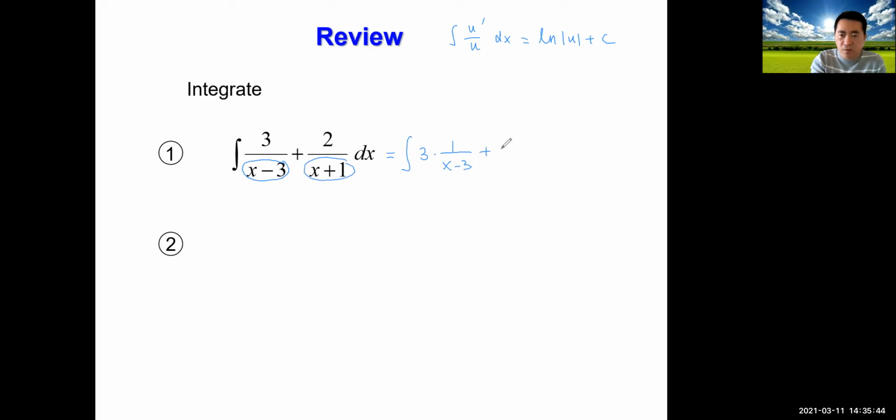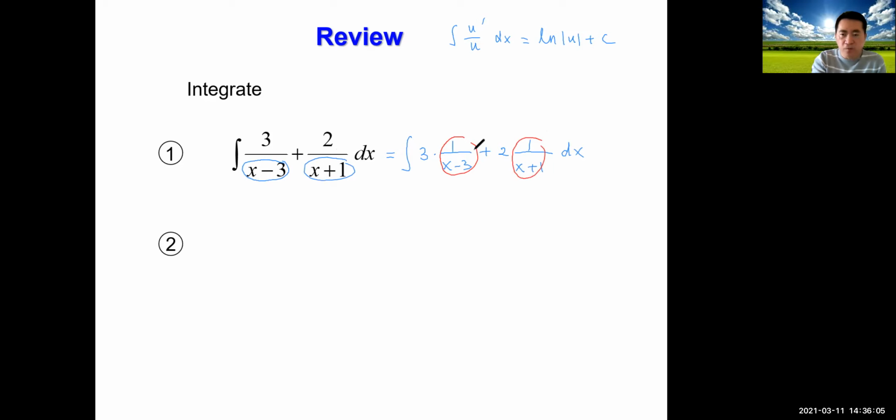So I'll write that as 2 times 1. I don't think we need that step in the future, but I'm just trying to make it clear so you can see. So this one and that one both follow the form u prime over u.